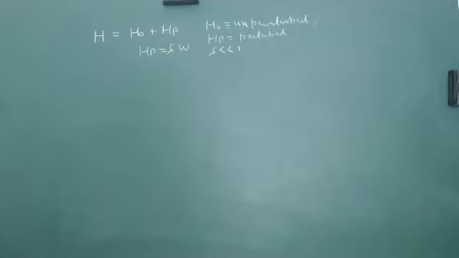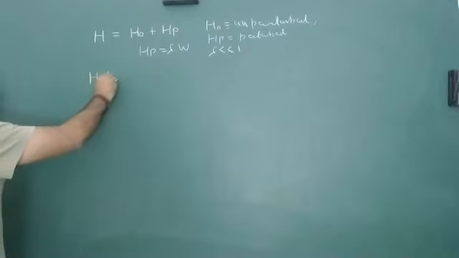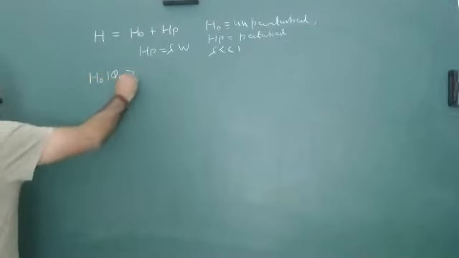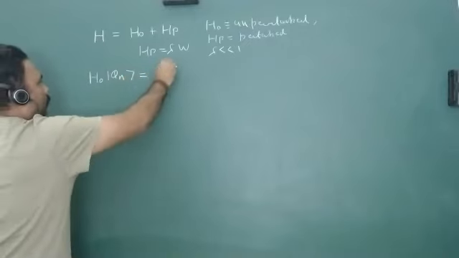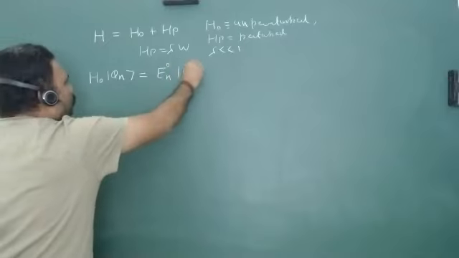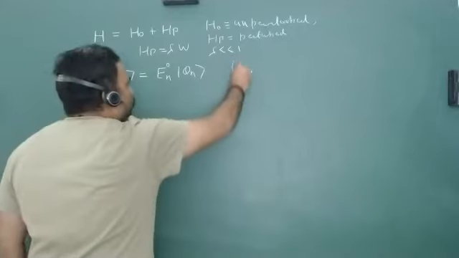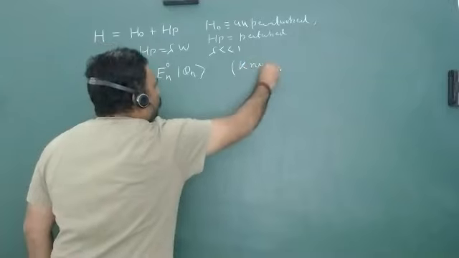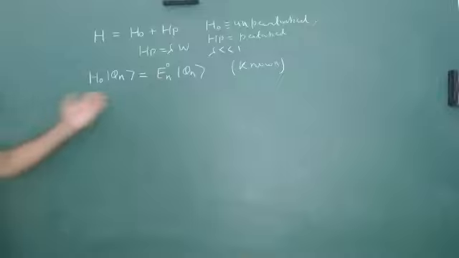Now, what we exactly know is this particular thing: H0 phi n is equal to En0 phi n. I am using the different notation, H0, so En0. So this is known to us. You have solved this.